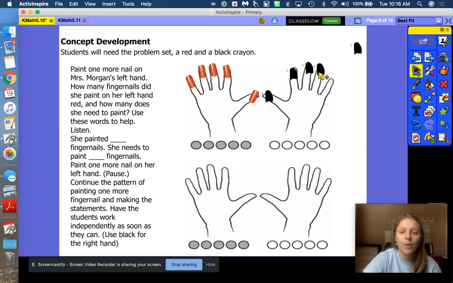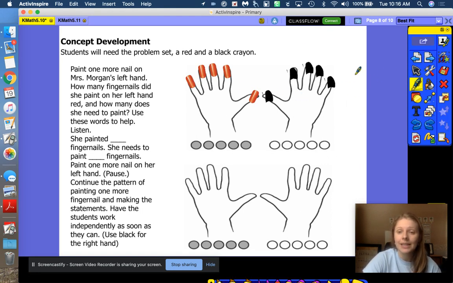And 8 and 1 more is 9. 9 and 1 more equals 10. And finally, 9 and 1 more is 10. 10, and how many more does she need to paint? None, no more, 0. So 10 plus 0 equals 10.